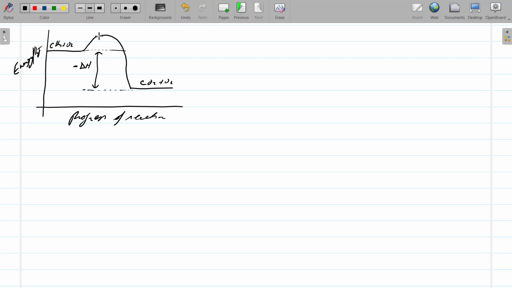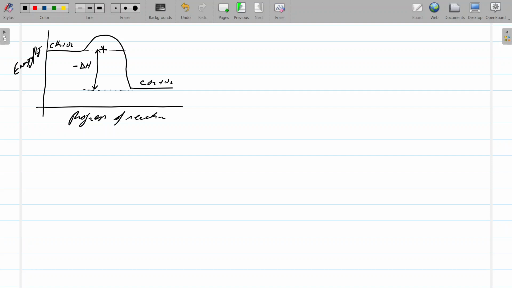Okay. And in fact, to be accurate, and this is important as far as your examinations are concerned, you want this arrow to be touching these dotted lines. Then what's this bump over here?